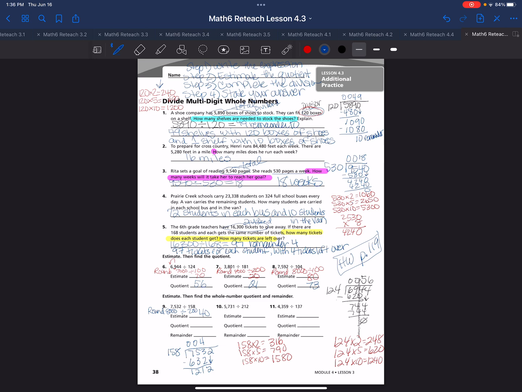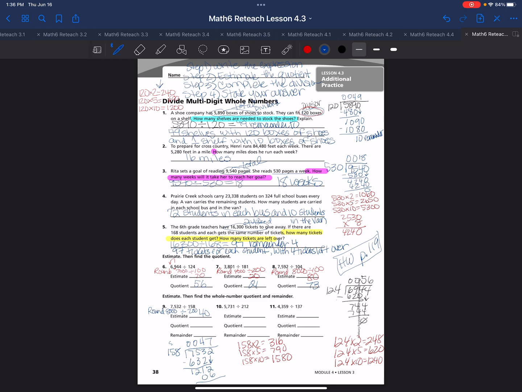1,212. Can 158 go into 1,212? Yes. I know 10 is too much here. So it's got to be between the 5 and the 10. So let's try 7. 7 times 8 is 56. 7 times 5 is 35 plus 5.